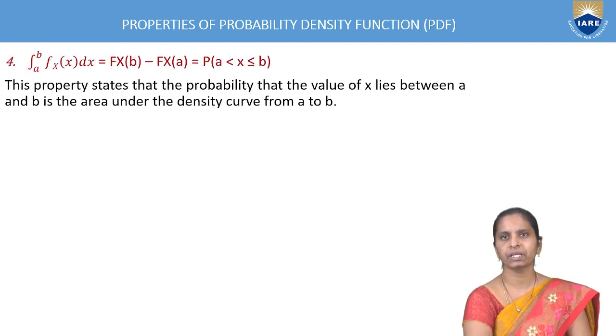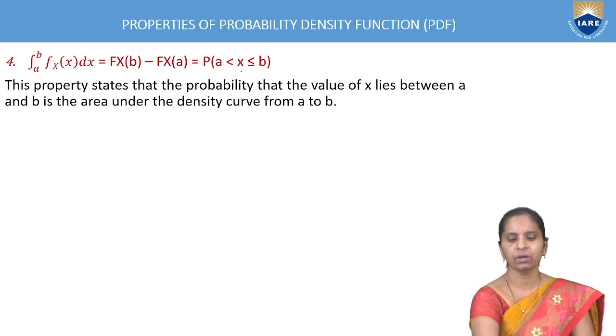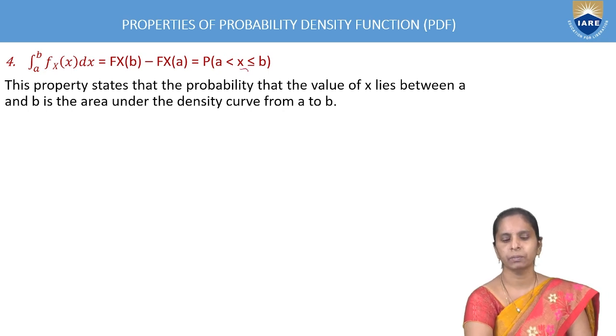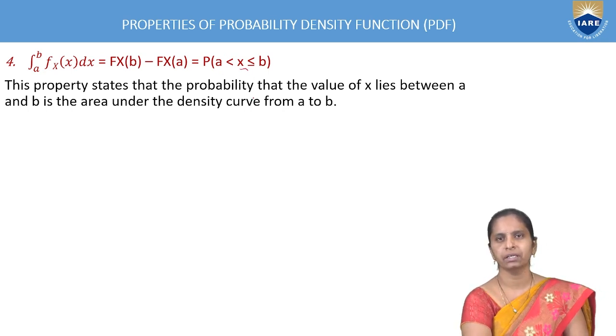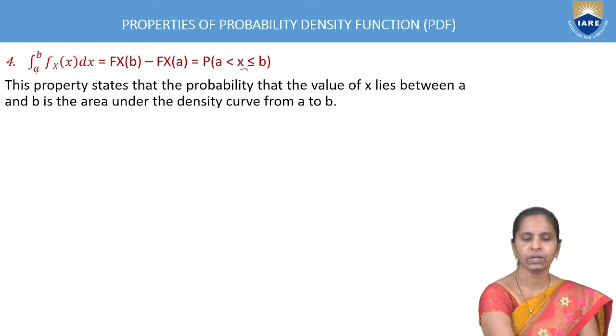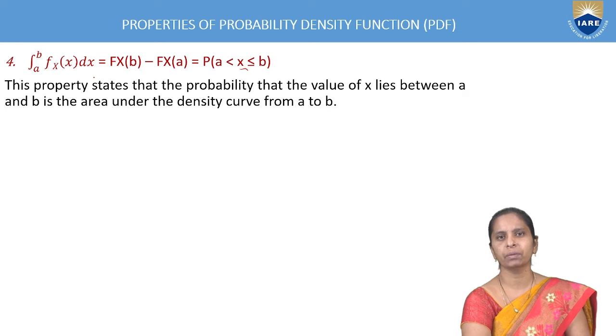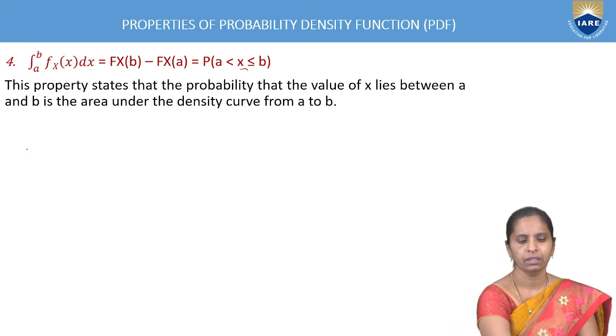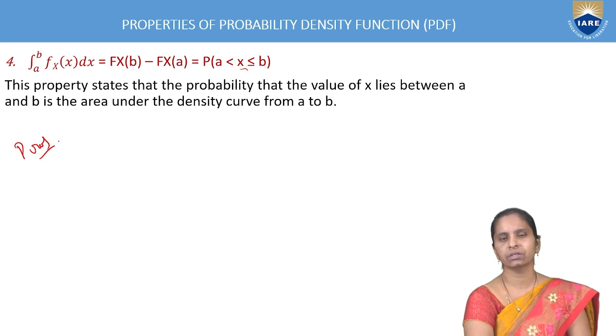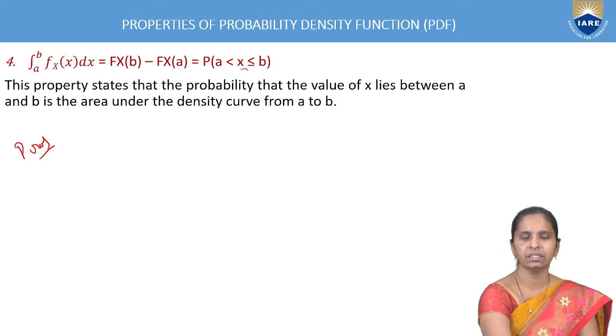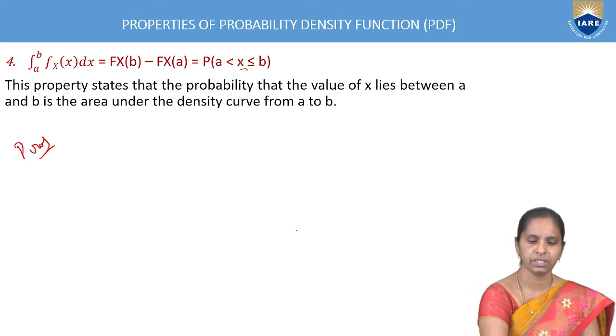And the fourth property states that the probability of a random variable X between two values a and b is obtained by integrating the density function over the limits a comma b. So let us prove this property. It means if you want to calculate the probability in terms of the density function, you have to integrate the density function over the given limits.